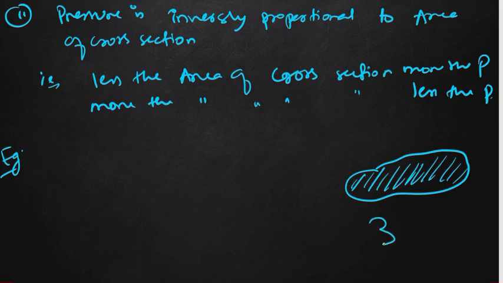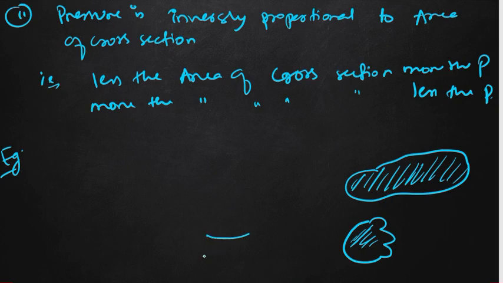Similarly, you can see the elephants. Elephants also apply a force when they are walking, so they are applying a pressure on the ground. Whenever a vehicle moves, the tires of the vehicle are also applying a force. And what will be the cross section area?